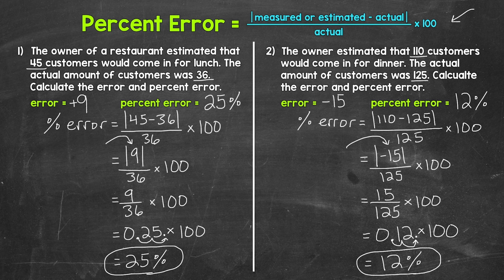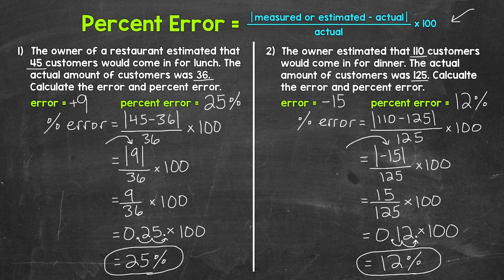The error doesn't give us enough information. The numbers we are working with and their size matter, and we have different numbers for lunch and dinner. So we have to see how the errors relate, how they compare to the actual values, and that gives us a much better idea of how accurate a measurement or estimate is.